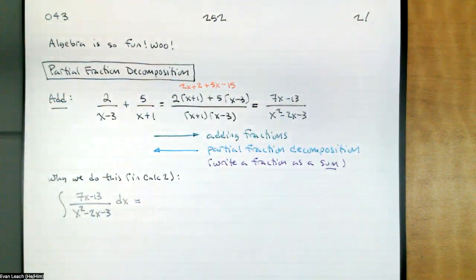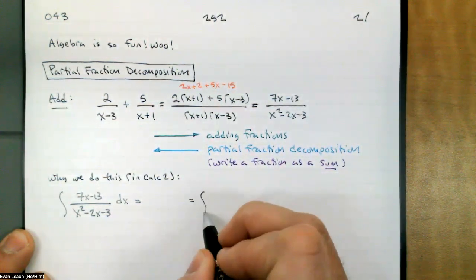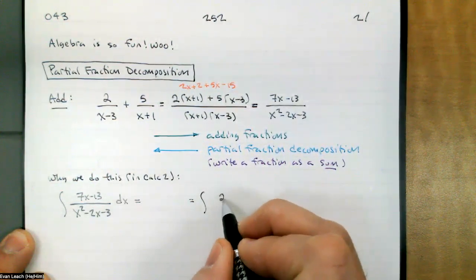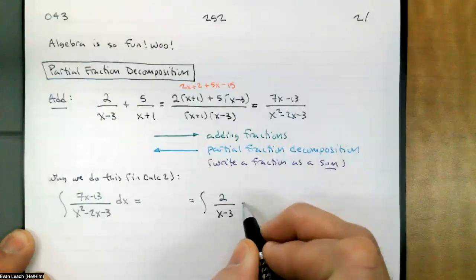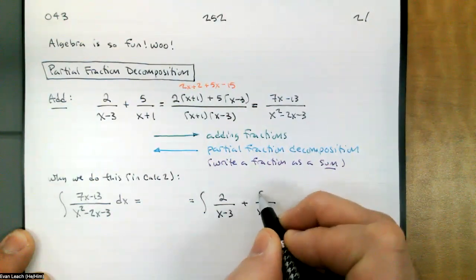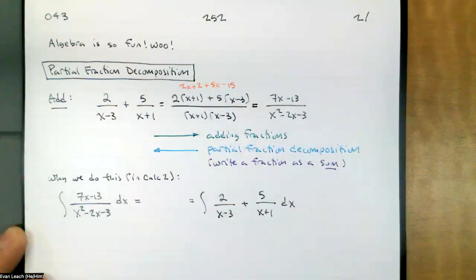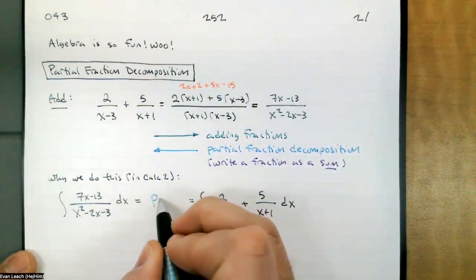And so we would do partial fraction decomposition. And instead integrate 2 over x minus 3 plus 5 over x plus 1. So this is where we do the partial fraction decomposition.